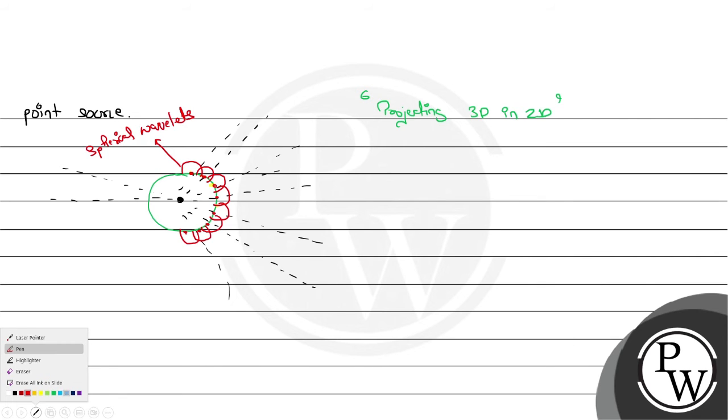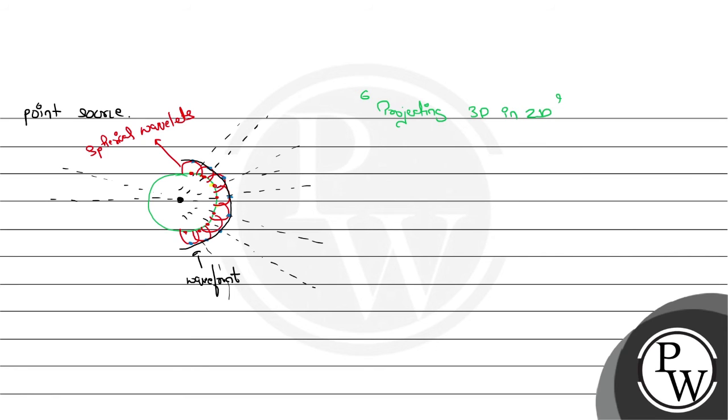And if we take the locus of all the points in the forward direction of the wave propagation, if we connect these points, we will get a new wavefront. This is how we construct different wavefronts at a given instant of time.